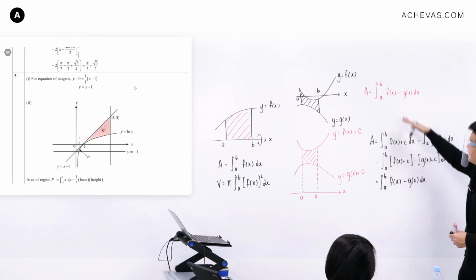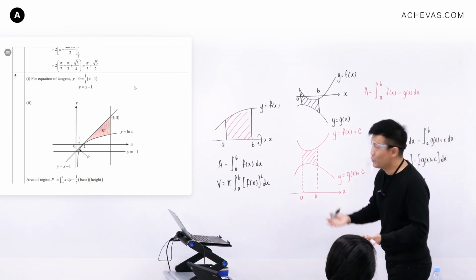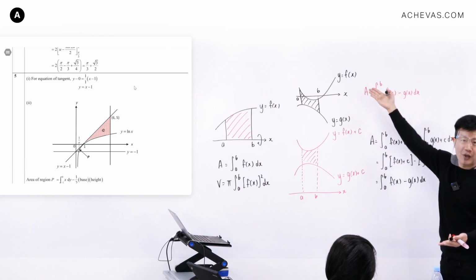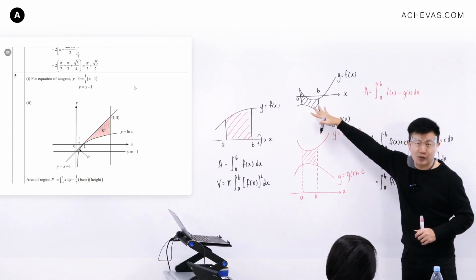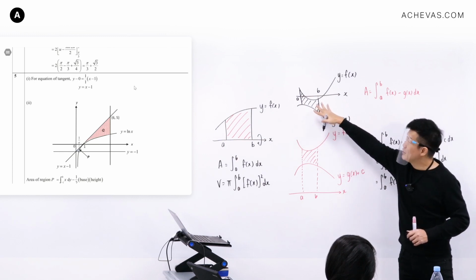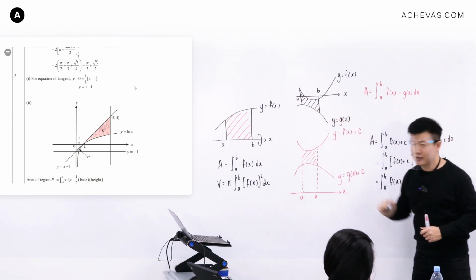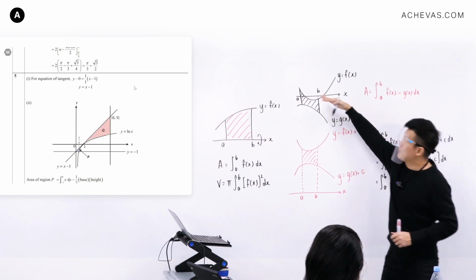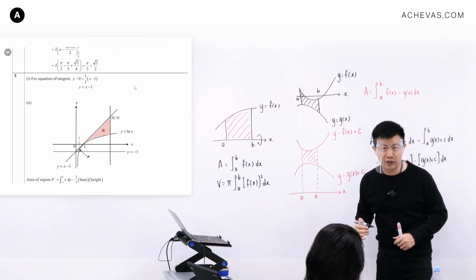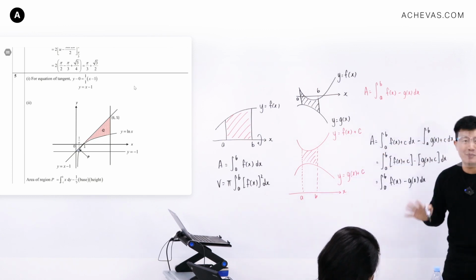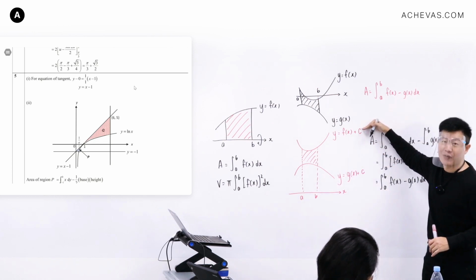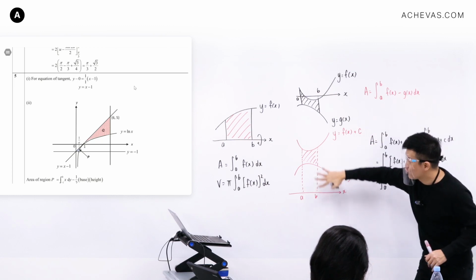And this explains to us why in our secondary school, we can just simply take the top curve minus the bottom curve, and this is regardless of the position of the region. That means the region can be entirely above the x-axis, the region can be partly above and partly below the x-axis, or the region can be entirely below the x-axis. It doesn't really matter, because we can always find that value that can help us to translate.